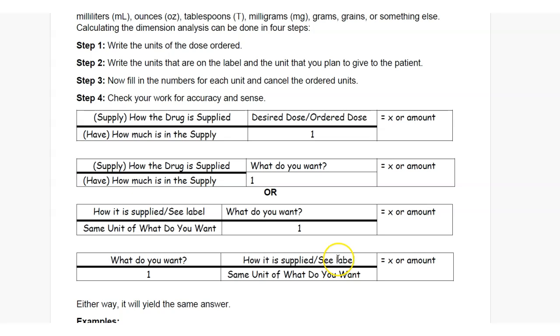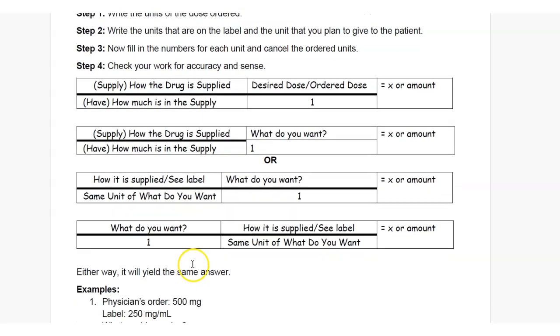Looking at the label, if one tablet is worth 500 milligrams, then the tablet goes up here. And then for the denominator, you're going to use the 500 milligrams. And then you multiply across, and whatever your answer, that's the amount of medication that you're going to be using. So either way, whichever you decide to go with, you should come up with the same answer.